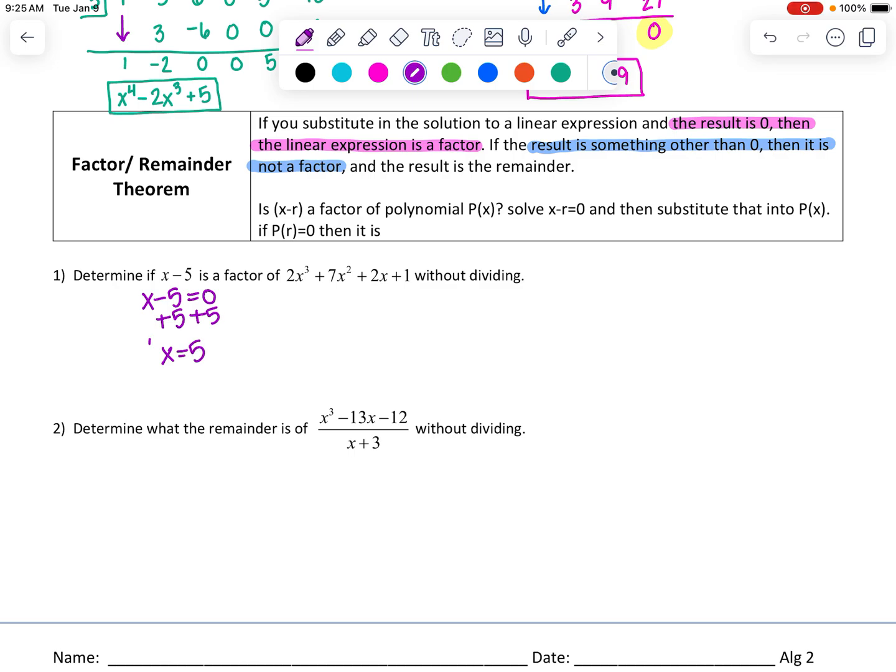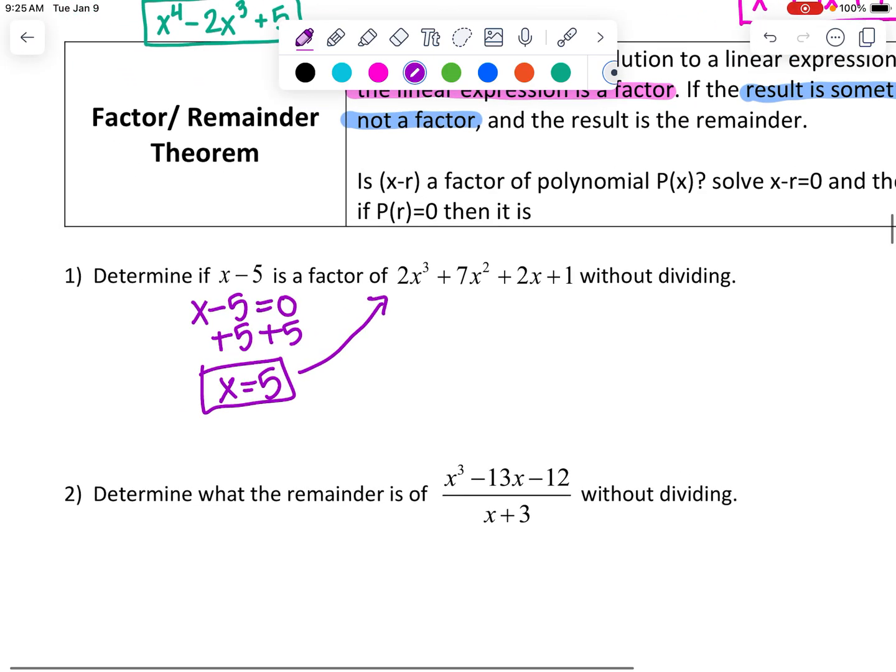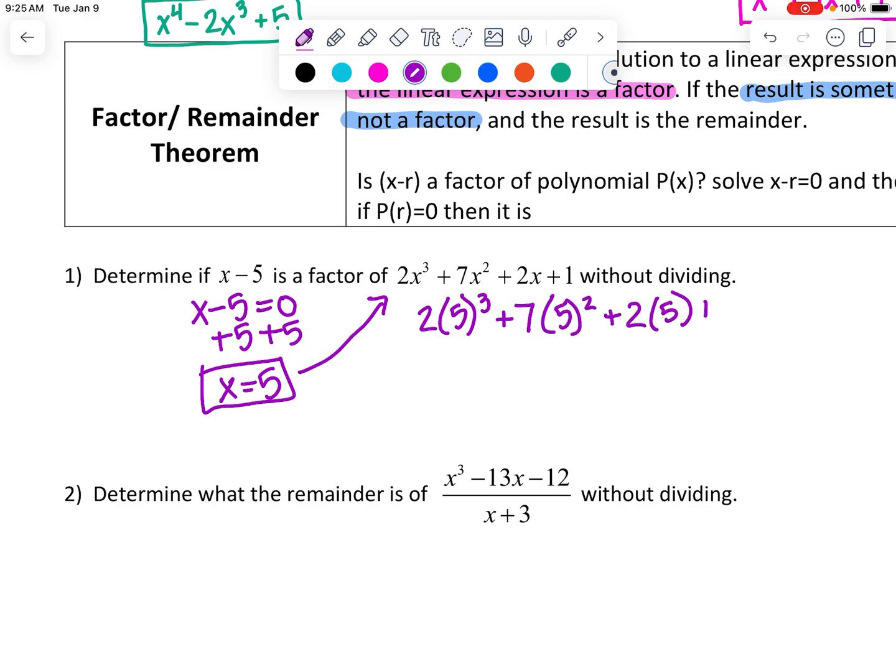So now I'm taking this solution, 5, and we're going to substitute it into the original polynomial. So I have 2 times 5 cubed plus 7 times 5 squared plus 2 times 5 plus 1. And we can just type that into our calculator all at the same time, and I am getting 436.